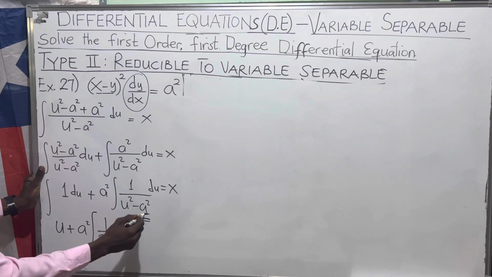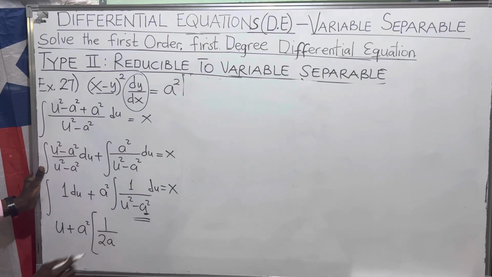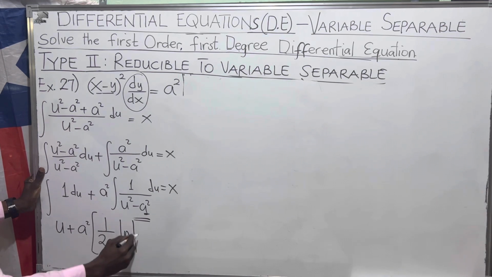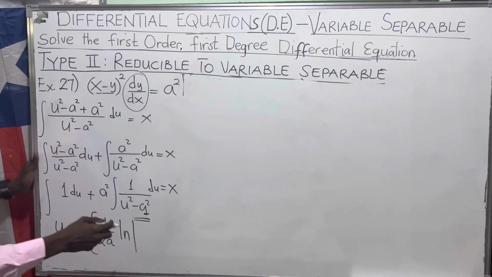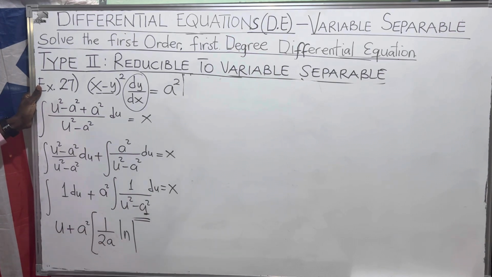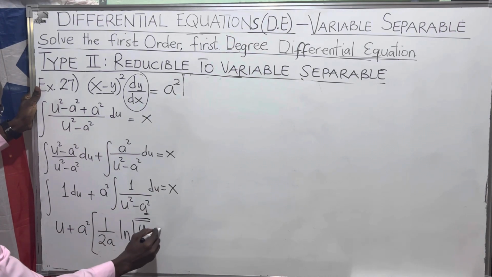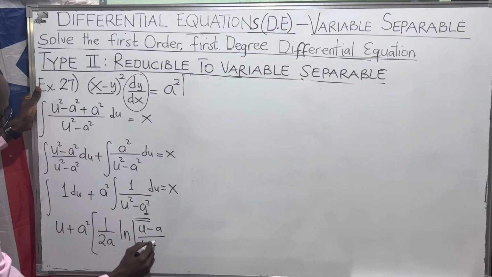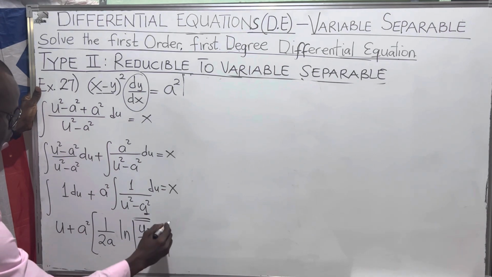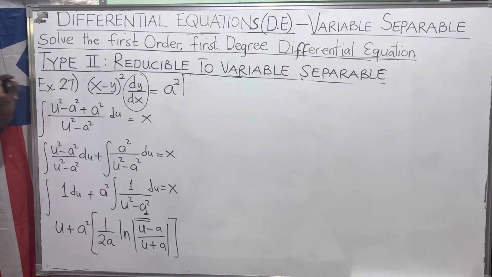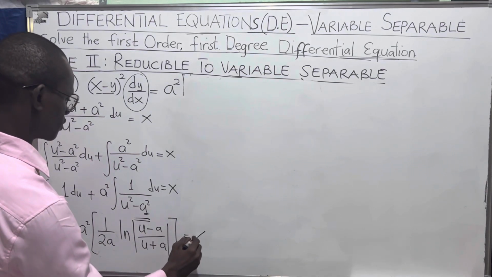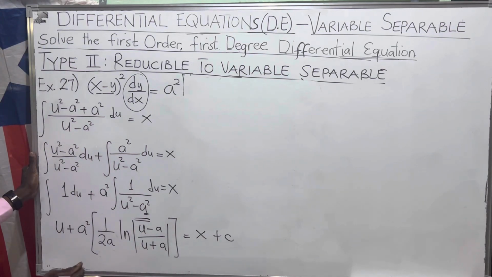So whatever expression that is here, so it's 2a, right? And then times the ln of u minus a divided by u plus a. Then we have equals to x plus some arbitrary constant c.